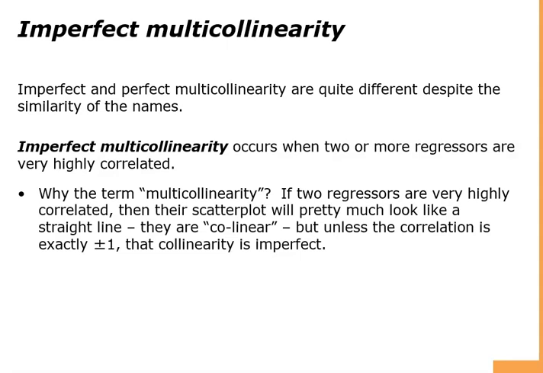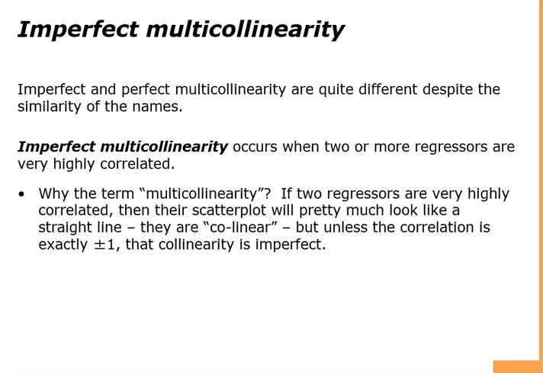So what might be an example of imperfect multicollinearity? An example might be that you are including the percentage of English learners in your regression analysis, and you are also including the percentage of immigrant families when you are looking at the effect of these two on test scores.